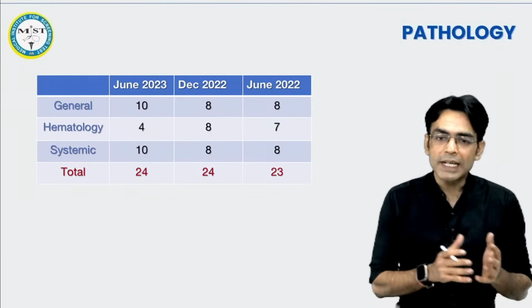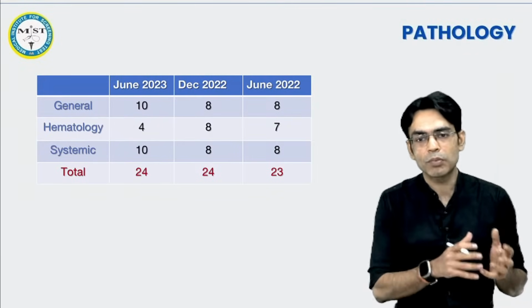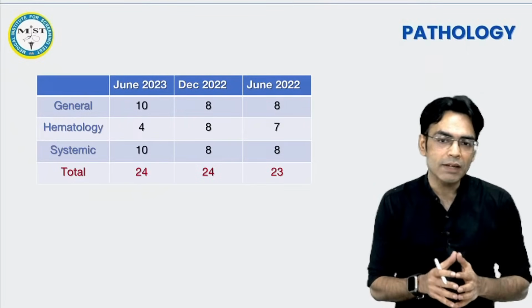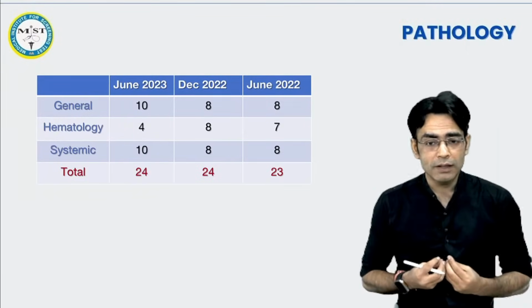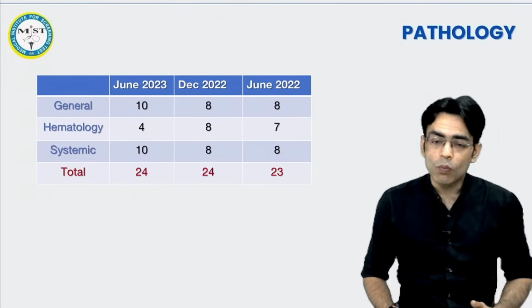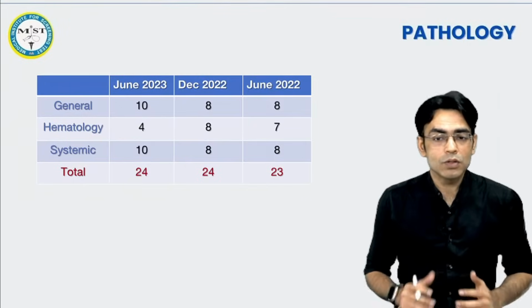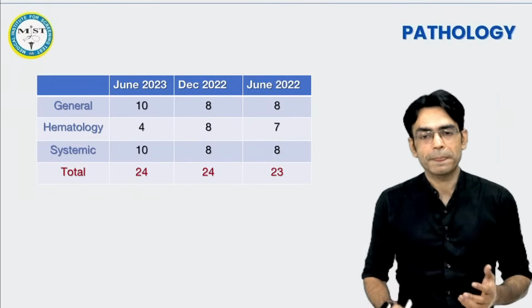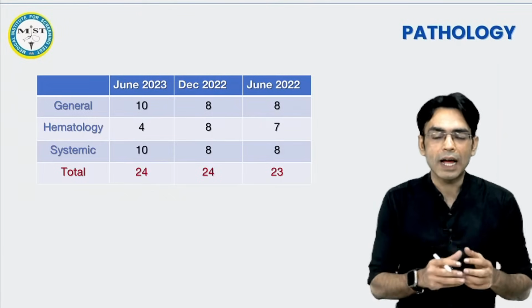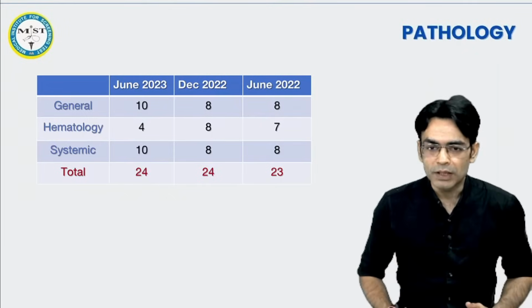Many times you ask what is important and what we can leave. If you ask me, understanding what has been asked prior, you cannot skip a topic. But there are certain important topics, and from there I have tried to take up the questions.